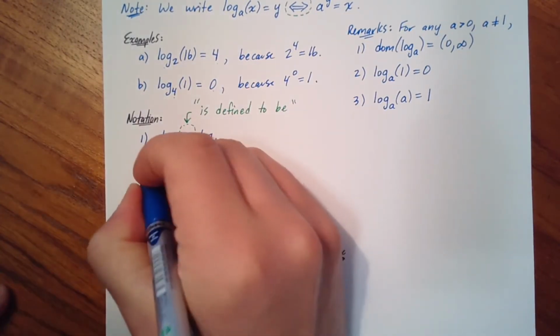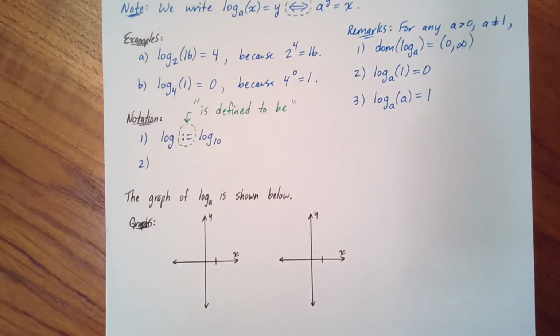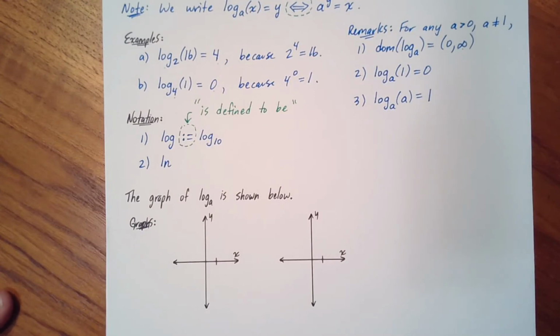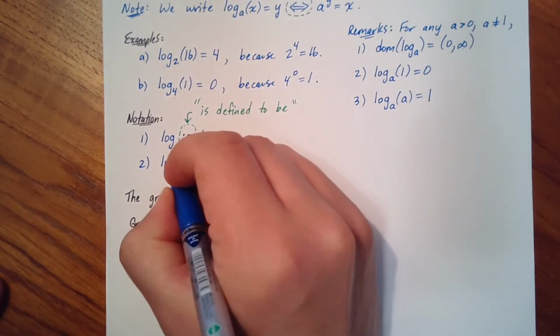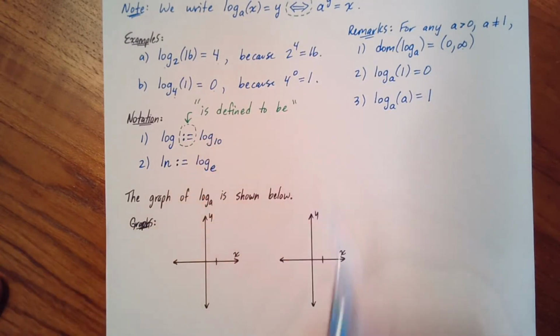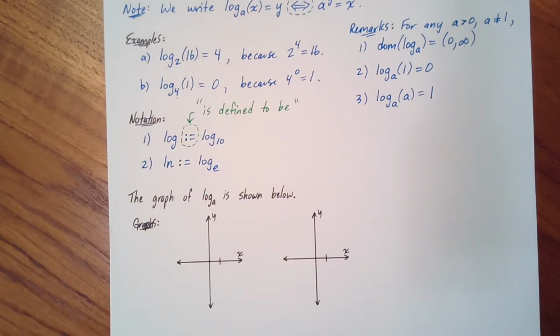Another common base that you'll use is the exponential constant, and that's actually the one that we'll use in this course, and that's called the natural log. So in fact, we just use ln as an abbreviation for it. So that's the natural log, and this is defined to be also a log, but with base taken to be the exponential constant e. So let's add a few more words in here.